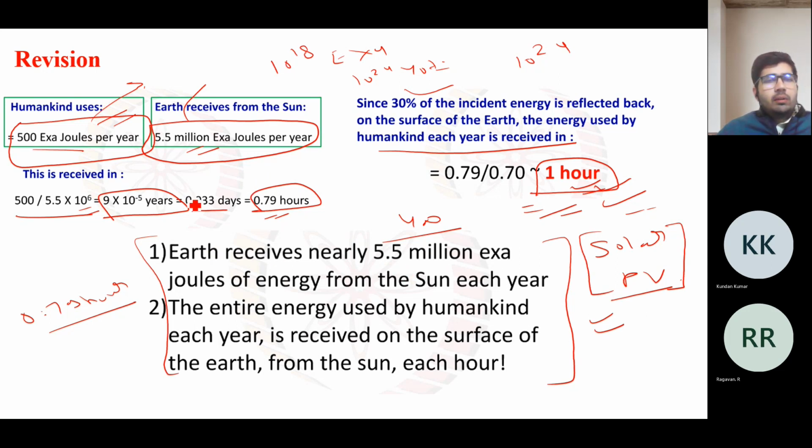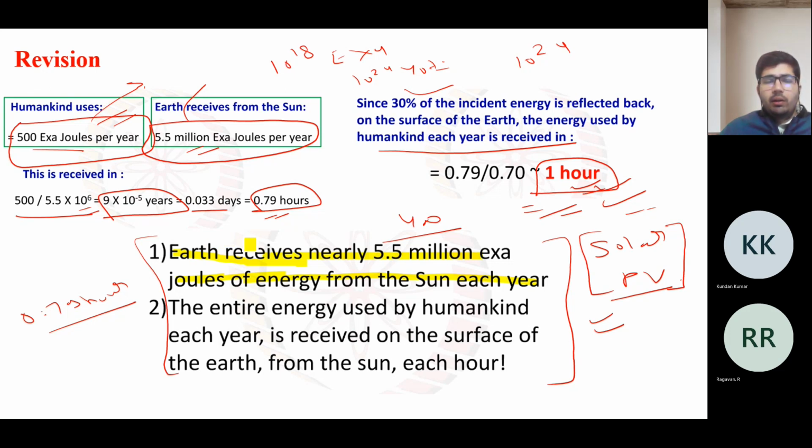So in conclusion, we can say that the earth receives nearly 5.5 million exajoules of energy from the sun each year, and we are just using 500 exajoules per year.